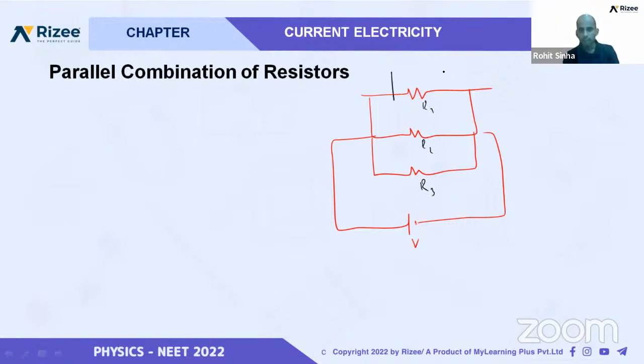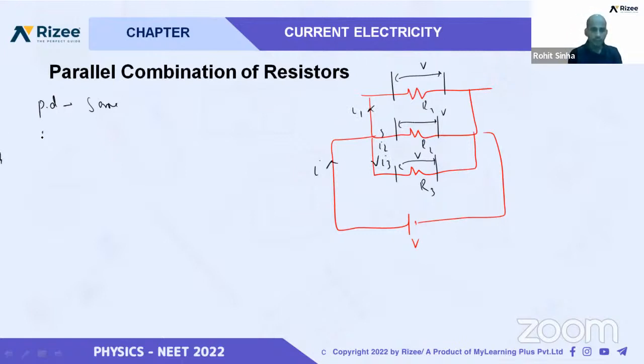Voltage across this resistor is V, across this resistor is V, and across this resistor is V. That is, potential difference is constant, but the current I supplied from here goes I1 here, I2 here, and I3 here. That means current will be different and potential difference is the same. So we have I is equal to I1 plus I2 plus I3, and we will solve using this formula.